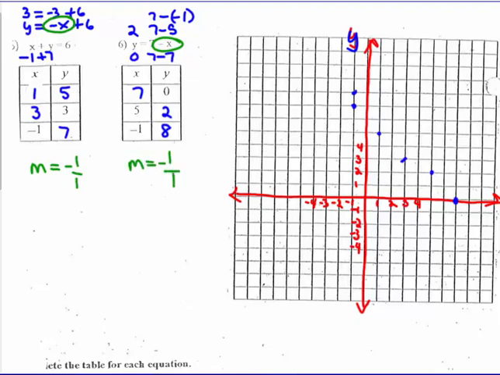Watch what happens to linear equations that have the same slope, the same rate of change. So again, site out your points carefully. Make sure that you're drawing that line so that it's going down 1 and over 1 using my slope.